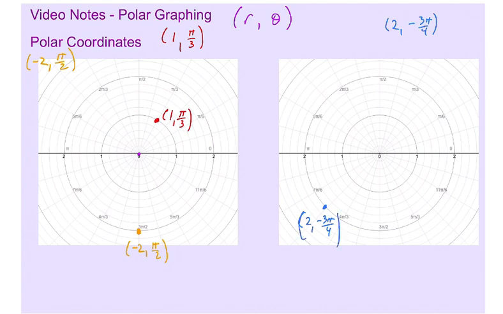I want you to notice that that is the same thing as negative 2, pi over 4, which would mean going backwards 2, and then forwards pi over 4 radians. That would land in the same spot. So any polar coordinate can actually be written in multiple ways.